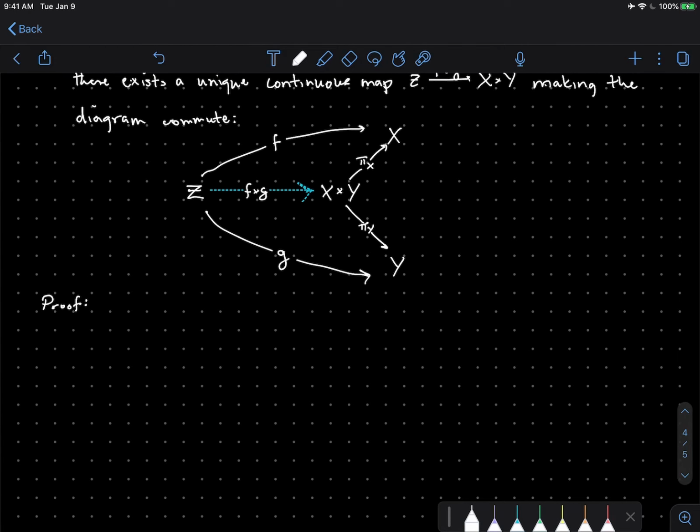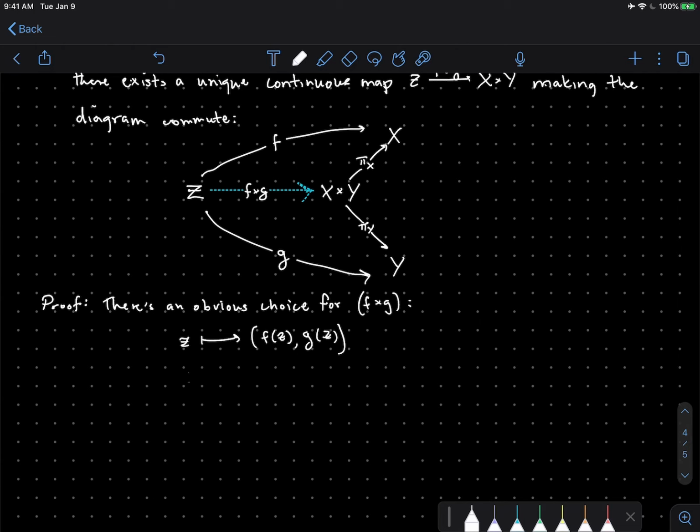So there's an obvious choice for this map F cross G. What it should do is take a little z in Z to the pair F of z comma G of z. And so that's our obvious choice.